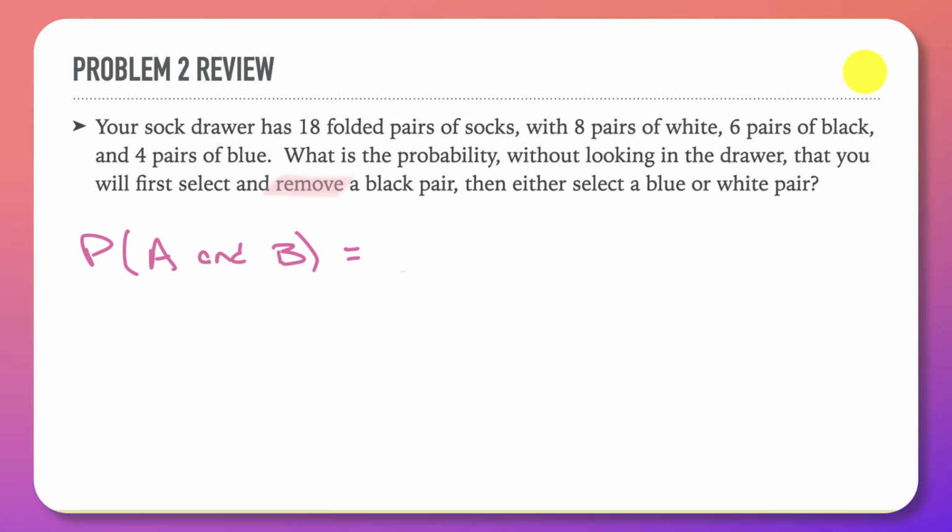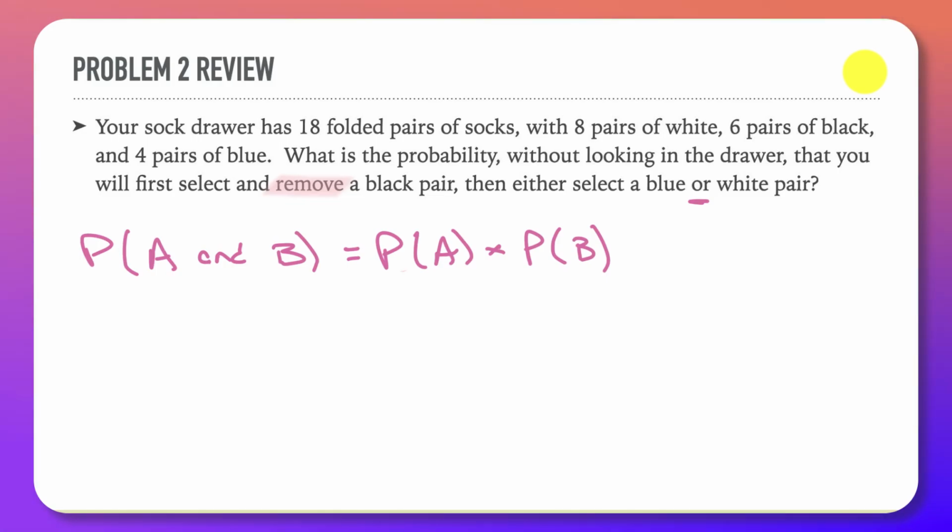Now, this can get quite complex with that word or, but in this case, it's very easy because we're just dealing with numbers of socks in a drawer. So the probability of removing a black pair is the probability of A. And we're going to multiply times the probability of B, which was selecting either a blue or a white pair.